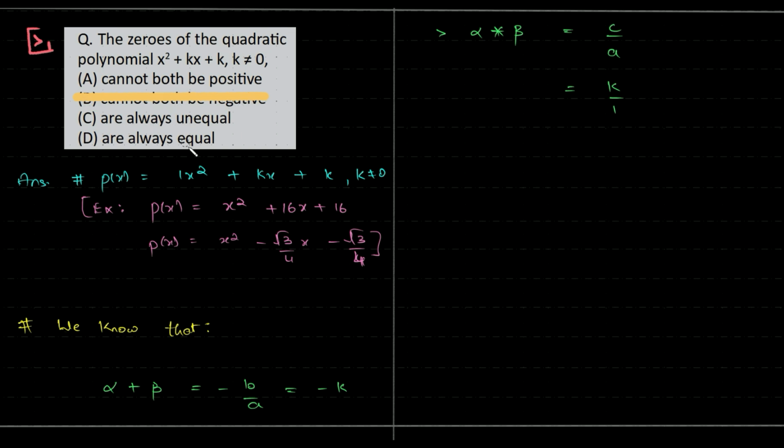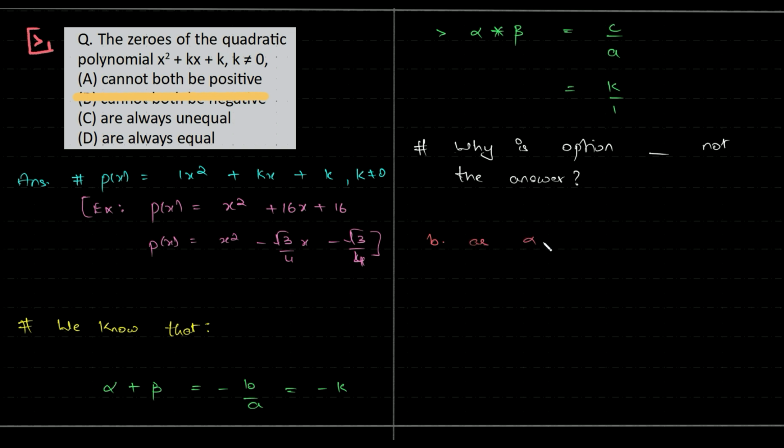Are always unequal and equal. For this, let's consider if they are equal. So actually, option B, right? Why is option B not the answer? I'm giving the logic so that you understand it later. Option B, cannot both be negative.